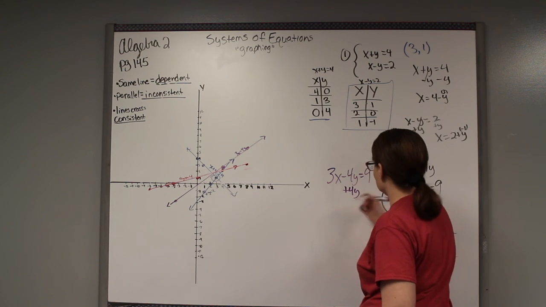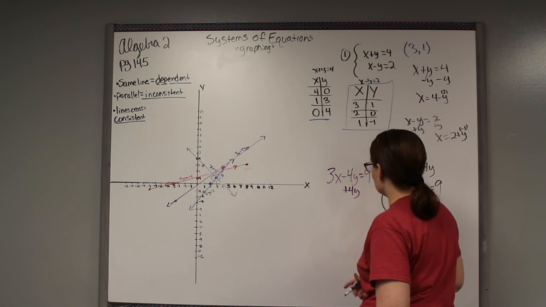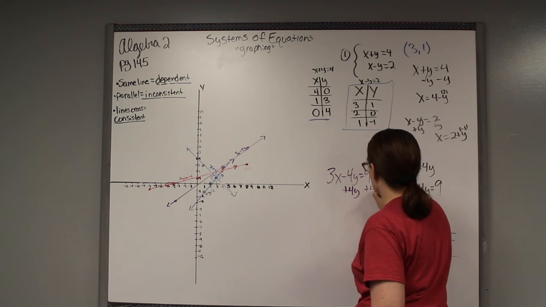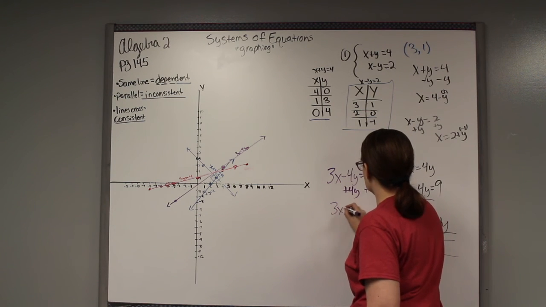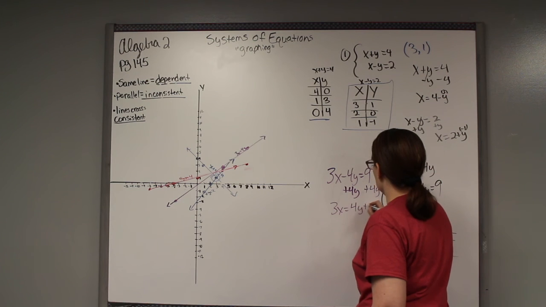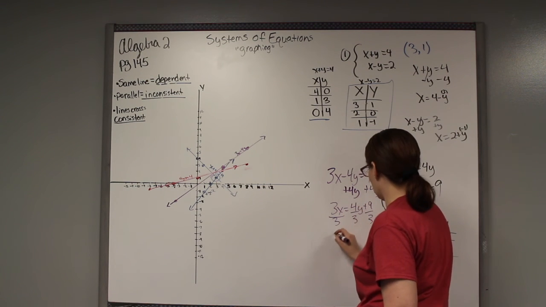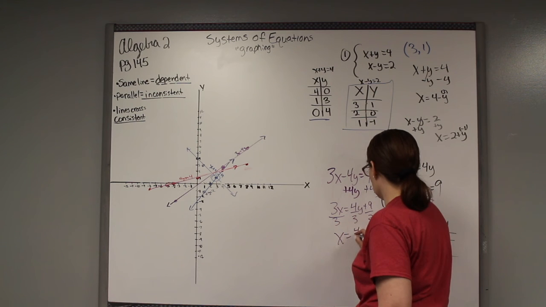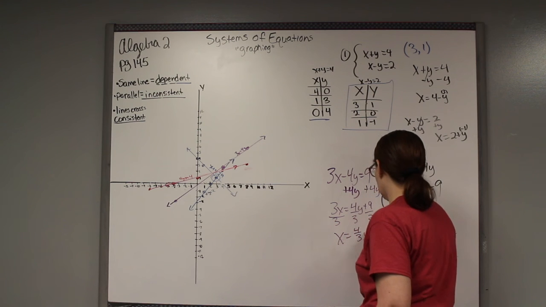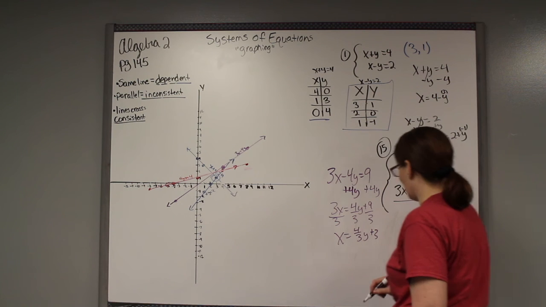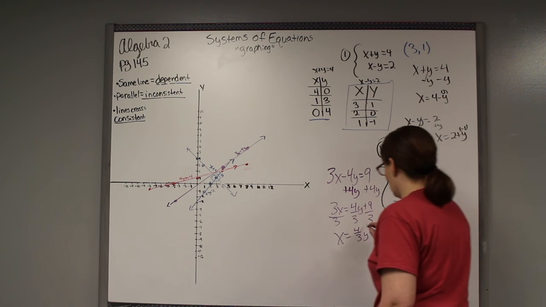Again, you don't always have to solve for x. To me, it's just easier in the equations that I've picked. So then I get 3x equals 4y plus 9. Then I have to divide everything by 3, and I get x equals 4/3 y plus 3, because 9 divided by 3 is 3, okay?